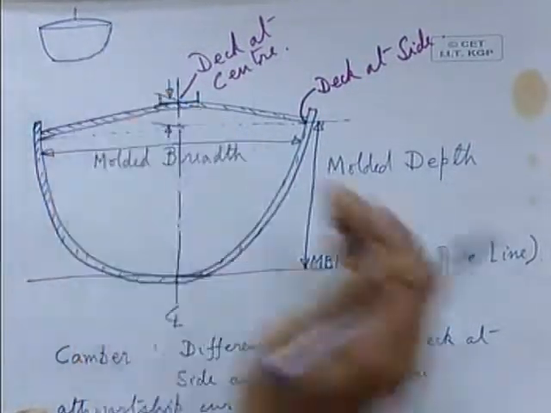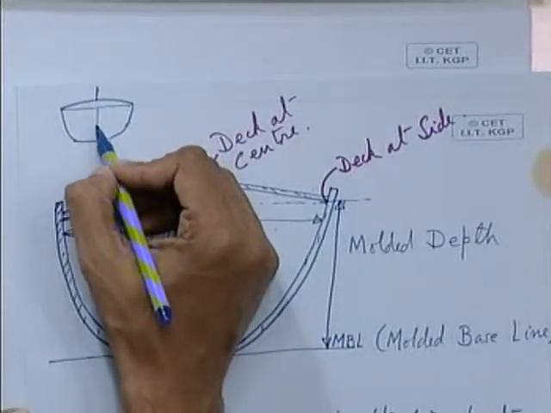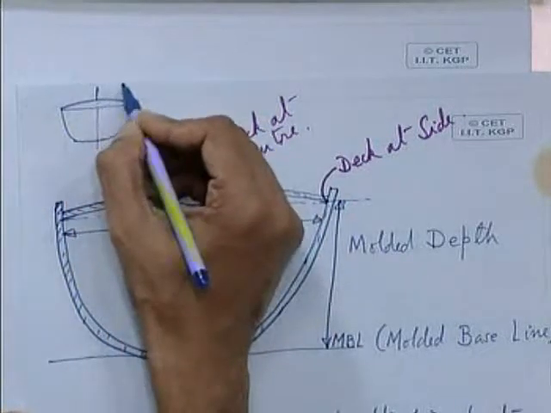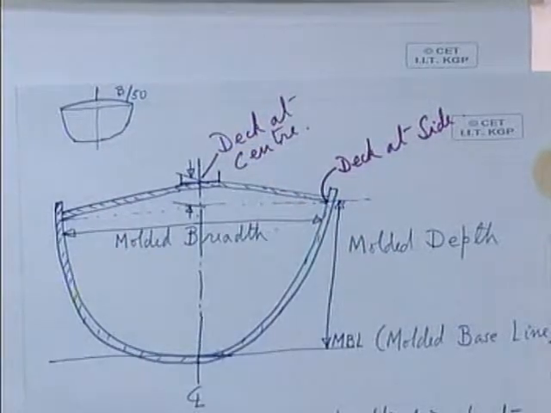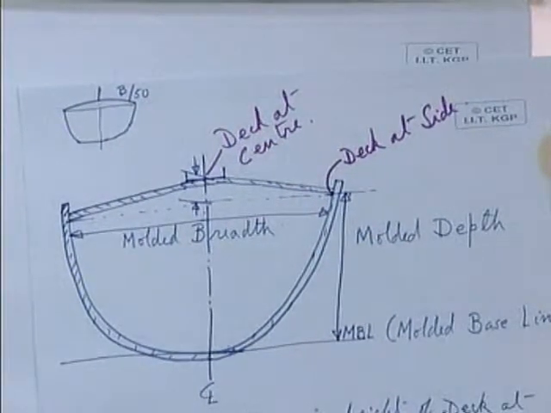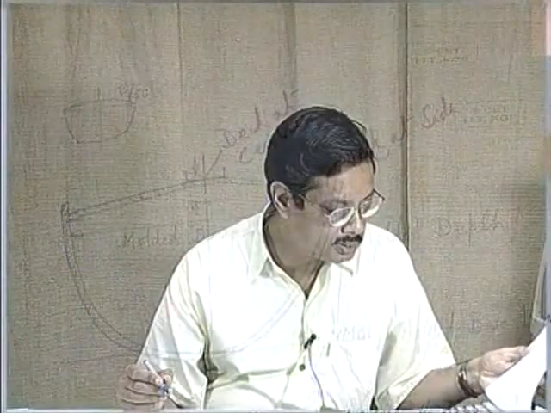So, the maximum amount of curvature will be at the center line of the ship, and there is a certain ratio. B by 50 is the normal amount of camber that is given at the center line. Here it is not mentioned. Normally I think 1/50th of the breadth of the ship, there is a vertical camber that is given.